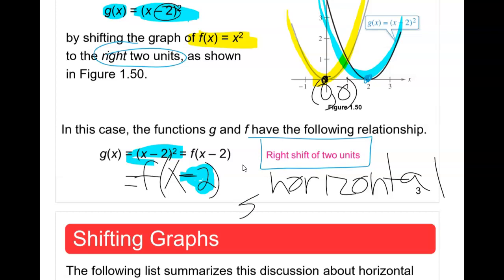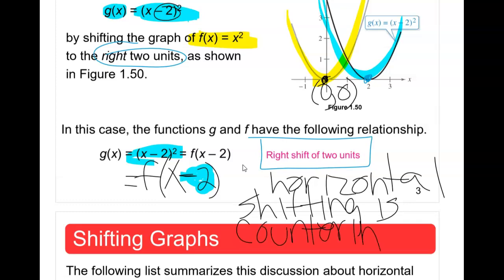So the horizontal shifting is counterintuitive. If you see a minus 2 in parentheses, that's how we know it's horizontal. It's the opposite of what our intuition tells us: we're going to move to the right.